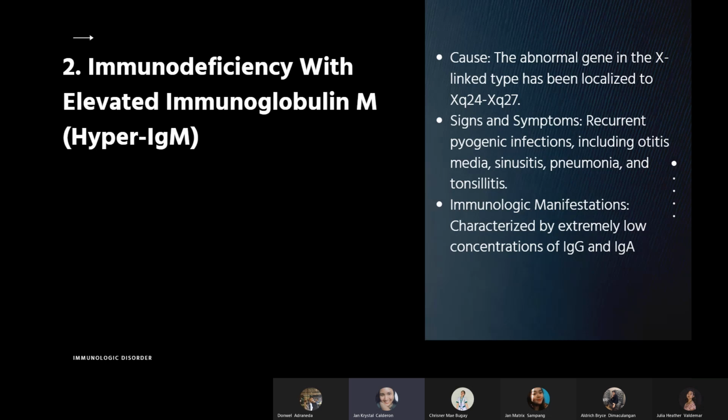Immunologic manifestations are characterized by extremely low concentrations of IgG and IgA, and most frequently greatly elevated concentrations of polyclonal IgM.